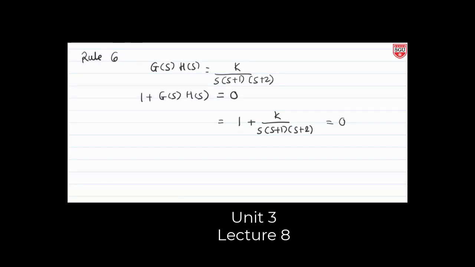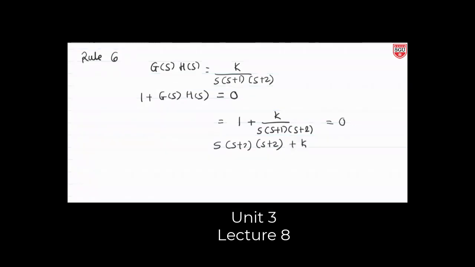By making cross multiplication, what you will get: s into s plus 1, s plus 2 plus k is equal to 0. Is it clear?